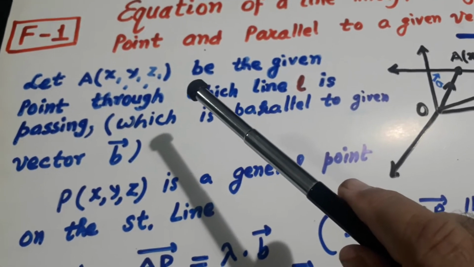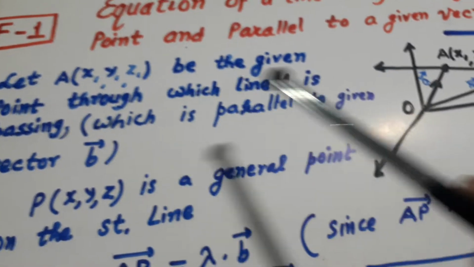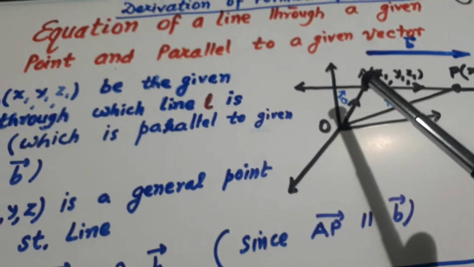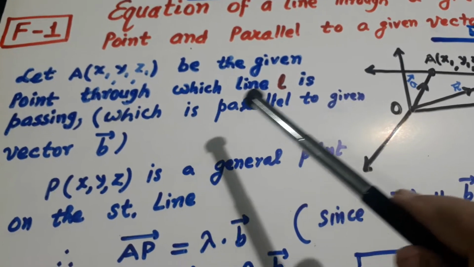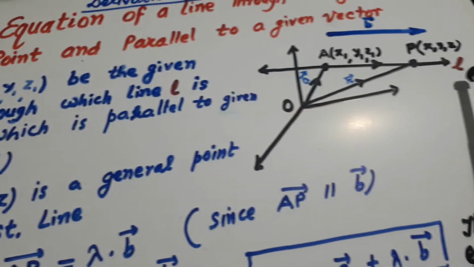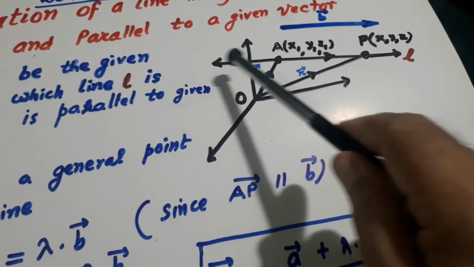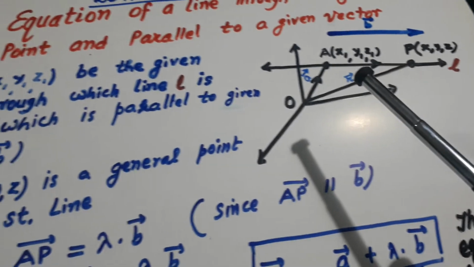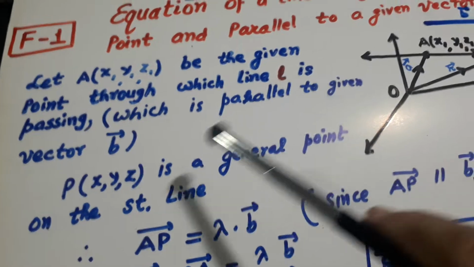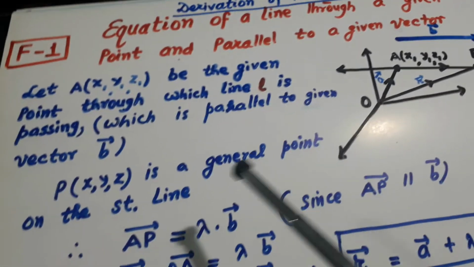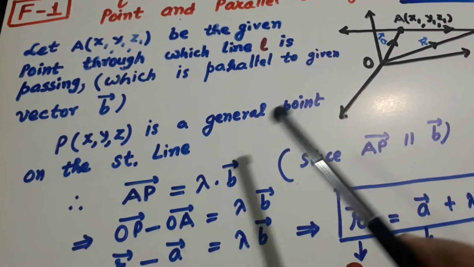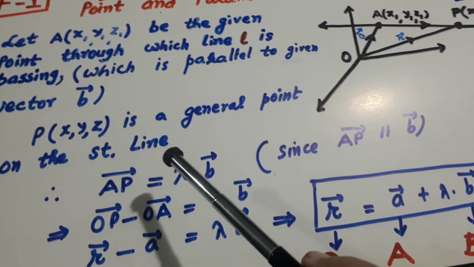Let A, x1, y1, z1 be the given point. The line L is passing through the given point, and is parallel to vector B. This is the first case. Now P, x, y, z is a general point on the straight line.